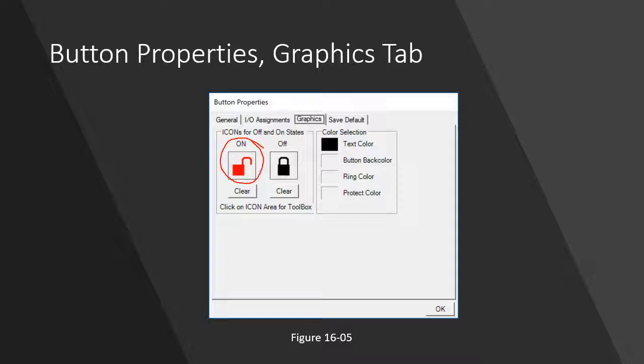And remember, that's associated with the C MTI icons directory. The same thing is true of the off state if you want to indicate a certain thing when the icon is off. And then you can set the text color by clicking in this area here. You can select the background color for the button, the ring color, and the protect color based on what state it's in.